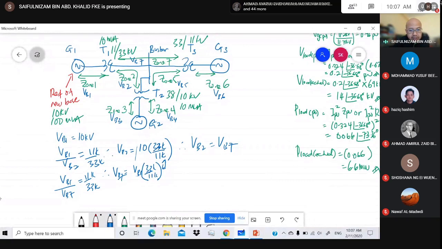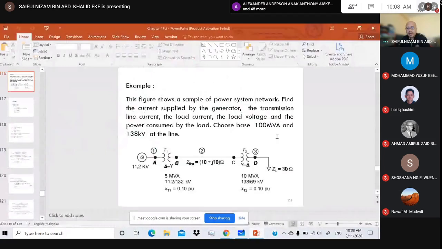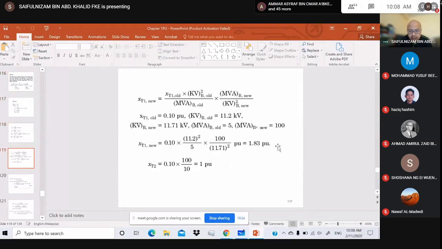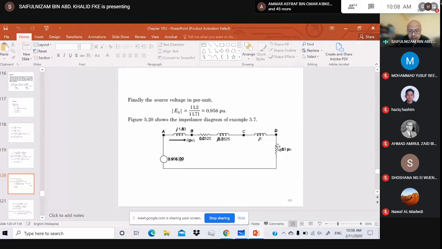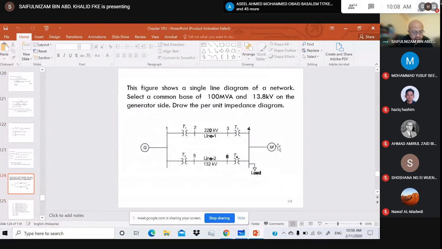Zone for each section. Okay, doctor, thank you. Okay, clear? Any question regarding this example, before we continue with the other examples?